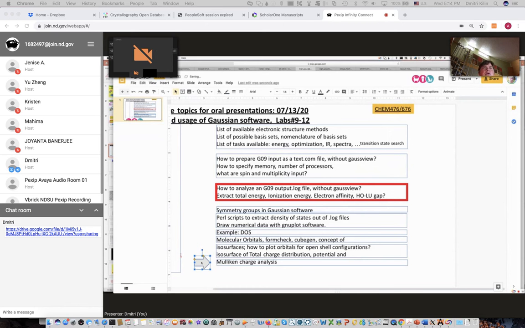So I invite everyone to keep looking through this list and type your name near one or several of the subjects.